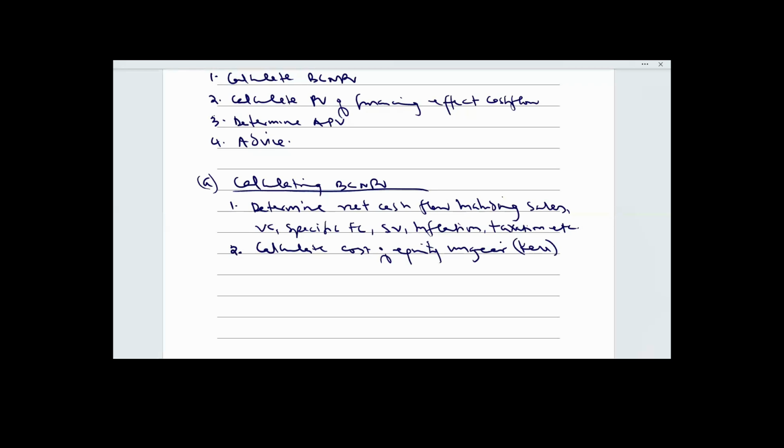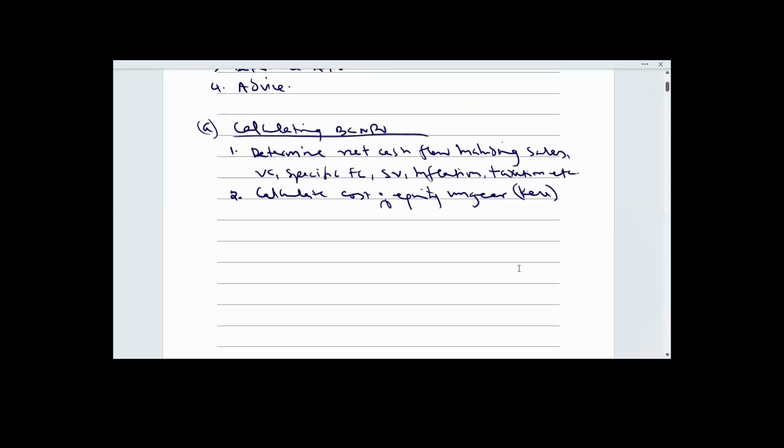Therefore, the net cash flow in step one is assumed that those cash flow will be discounted using the cost of equity on gear. Cost of equity on gear is a cost of equity that does not include anything like debts. There's no financial risk, there's nothing like debt in the cost of equity on gear.